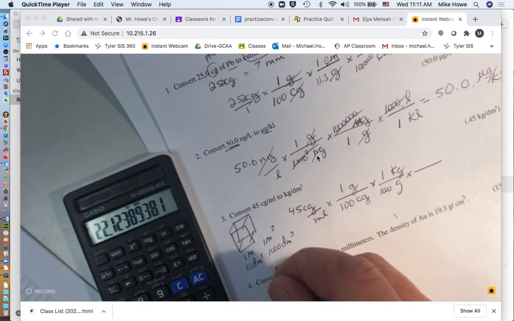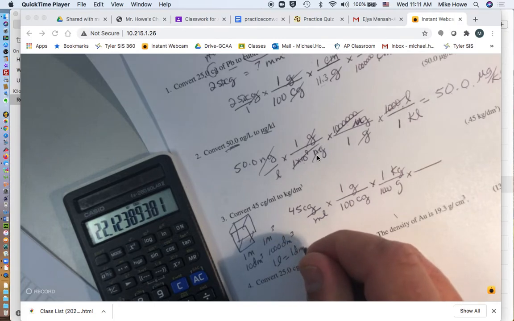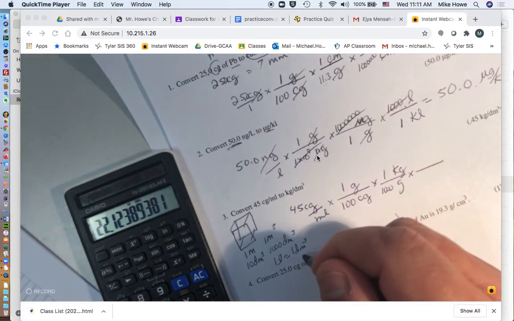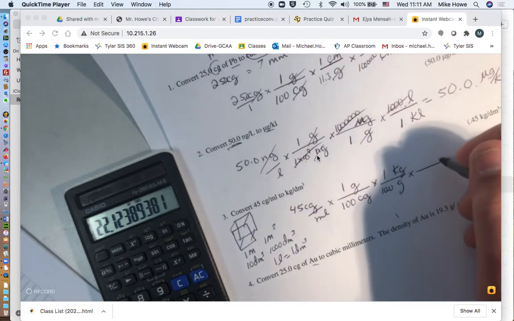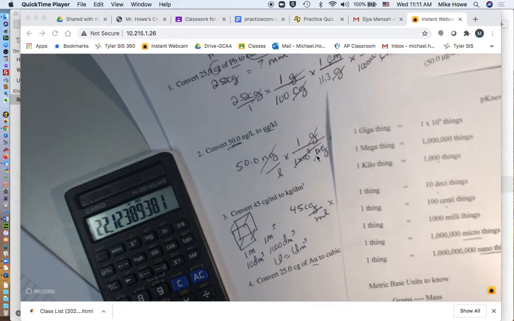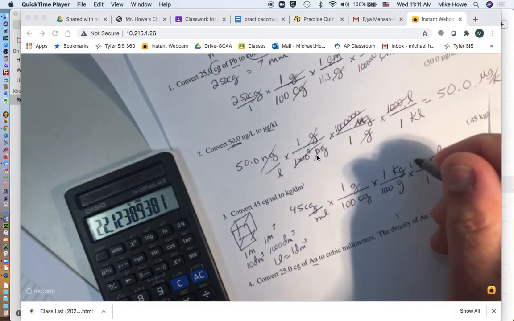Then I hope you also remember that 1 liter is the same thing as 1 cubic decimeter. So if you remember all of that, then it will make sense that I could put milliliters here and put liters here. The things list tells us that 1 thing is 1,000 millithings.